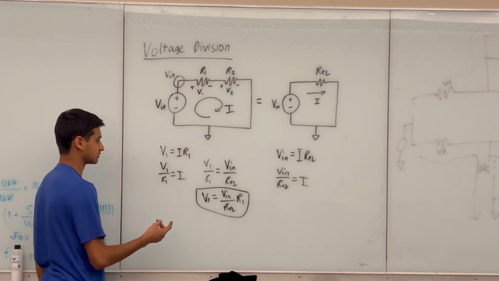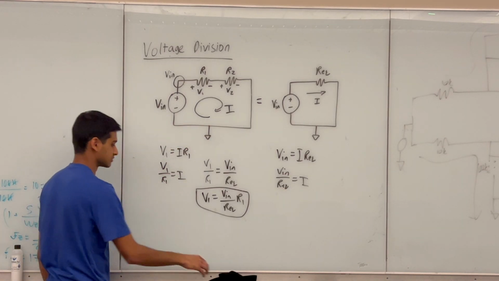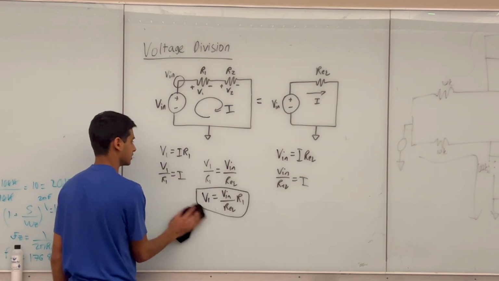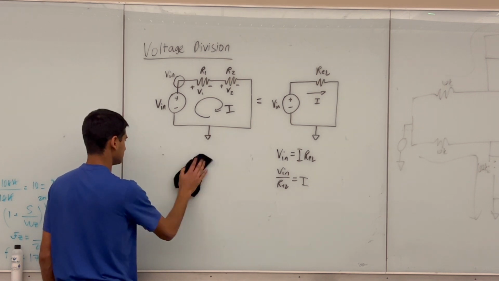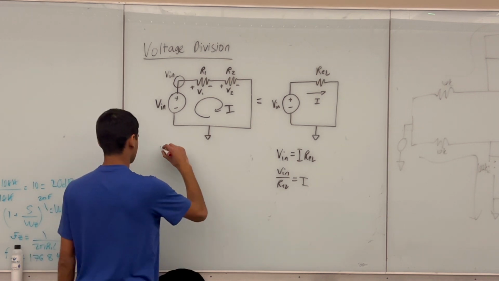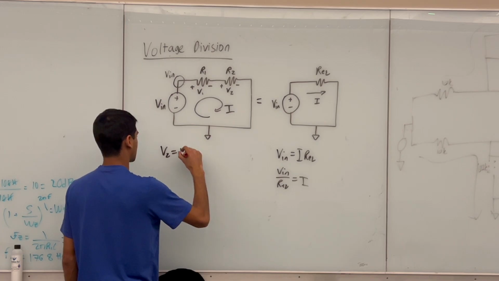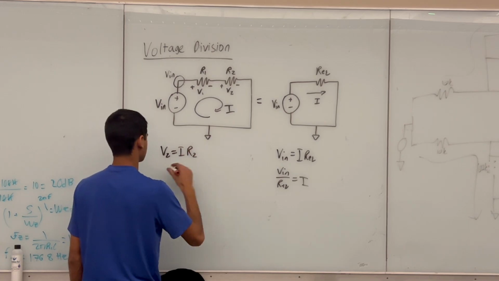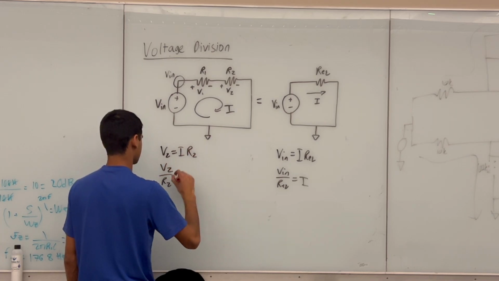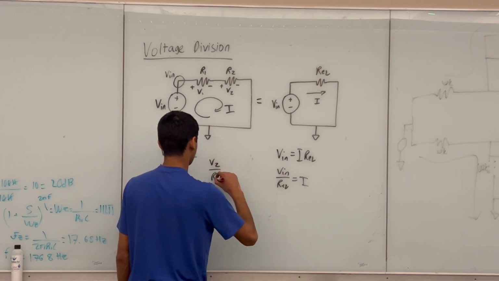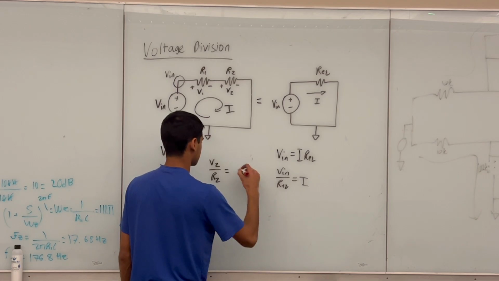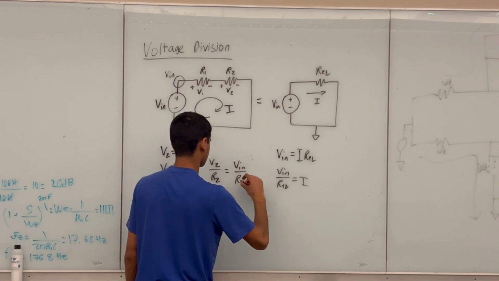And I can actually do the same thing for V2. So I can repeat this process for V2. The right side is the exact same. So V2 equals I, same current, times R2. V2 divided by R2 equals I. Setting these two equal to each other gets V2 divided by R2 equals Vn divided by Req.